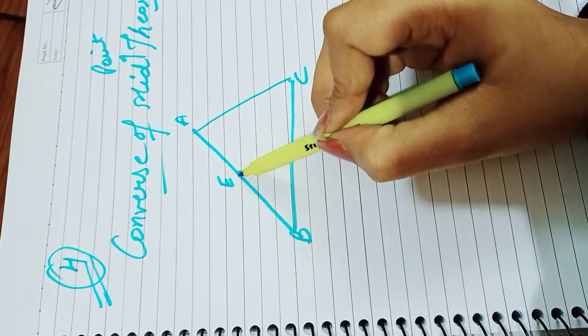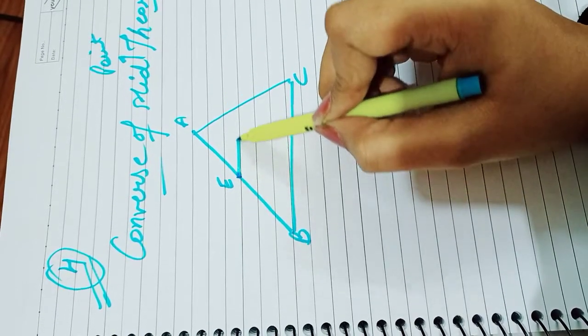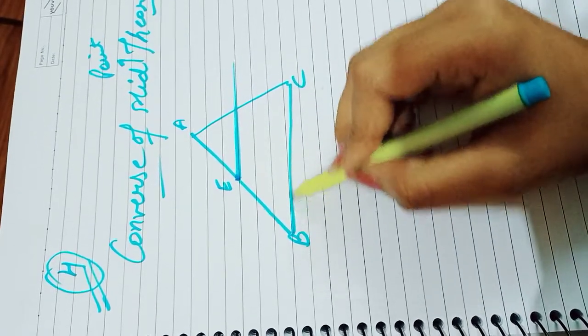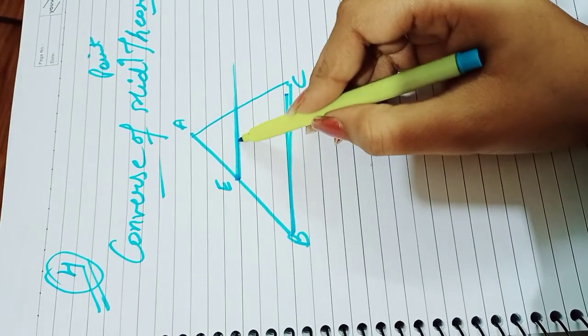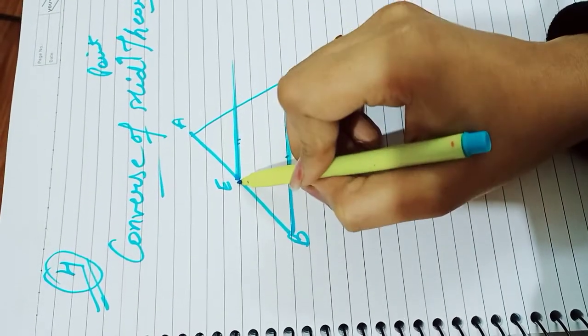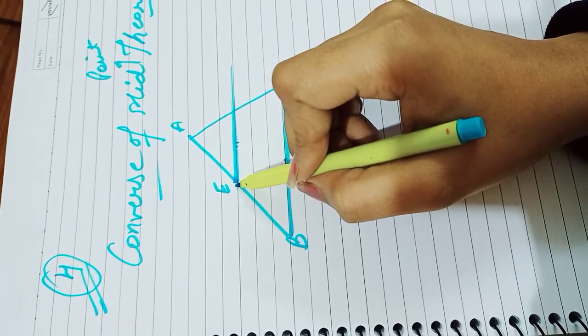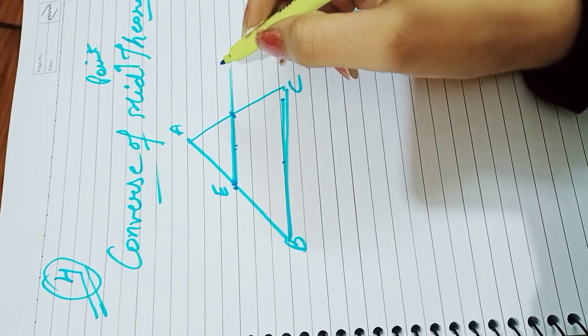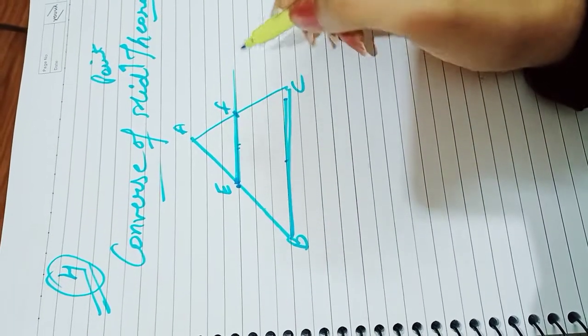When you produce a line from this midpoint like this, and if it is given that this line is parallel to this, right? Now parallel is given, and one midpoint is given. Then by using the converse of the midpoint theorem, the second point will also become a midpoint of AC.